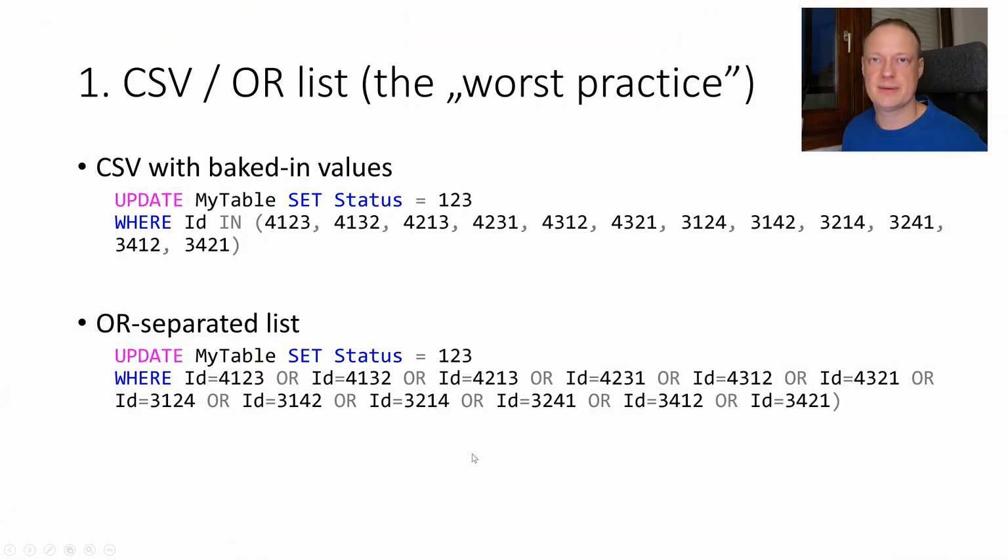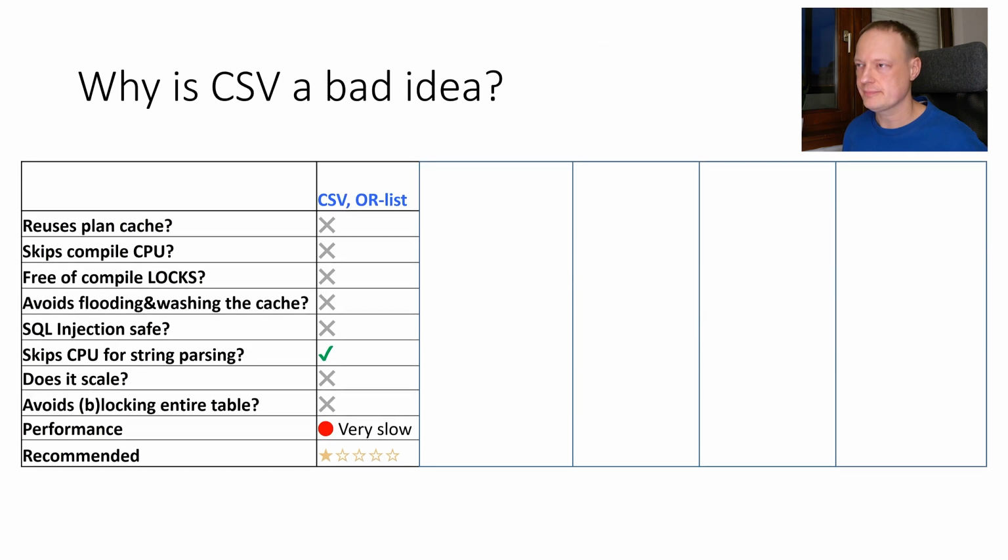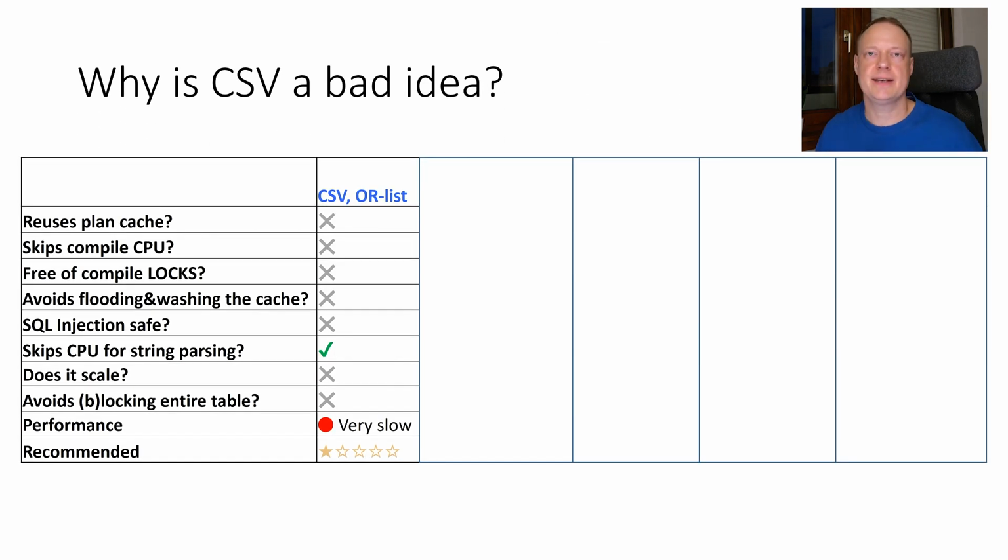Why is this comma-separated list bad? SQL has a so-called plan cache, which is an amazing thing that can speed up your queries. Every cache is there to somehow improve performance, including this cache. When a query comes to SQL, it needs to be optimized. SQL needs to produce an execution plan which is the best for that query, or good enough.